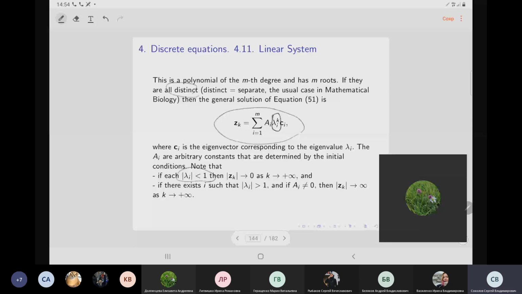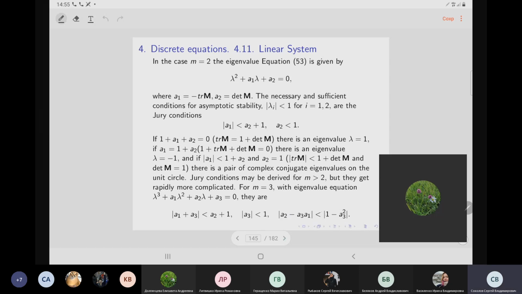So the same, when we compare continuous equations, the real part of lambda must be negative, and in the discrete case, lambda must be less than 1. So that is our difference and similarity between both situations.